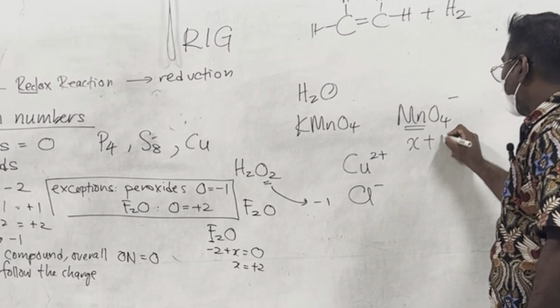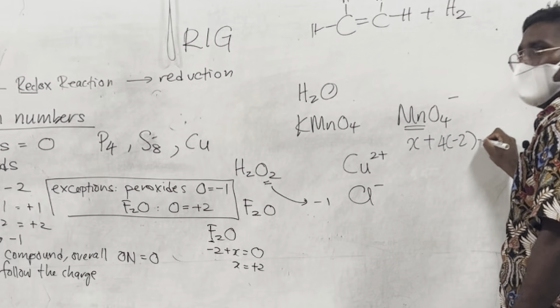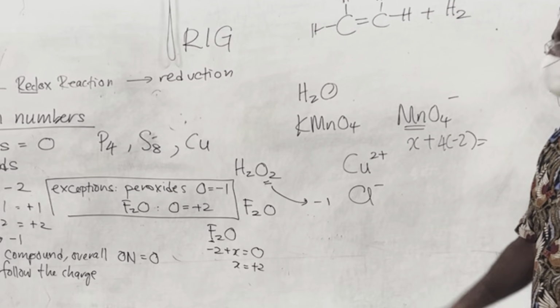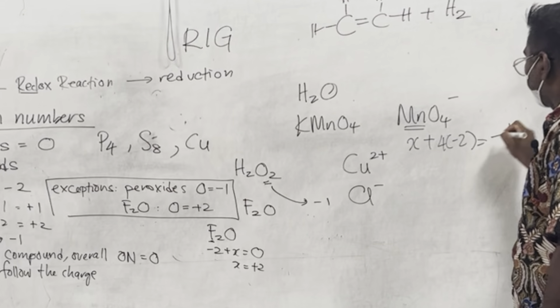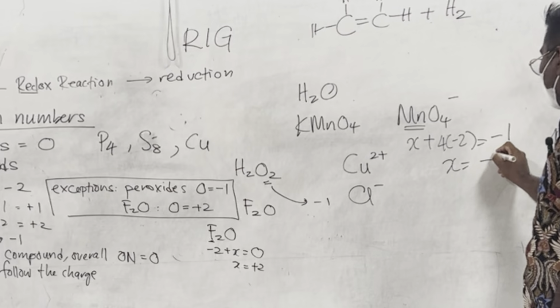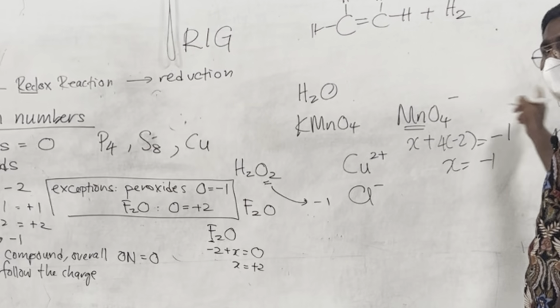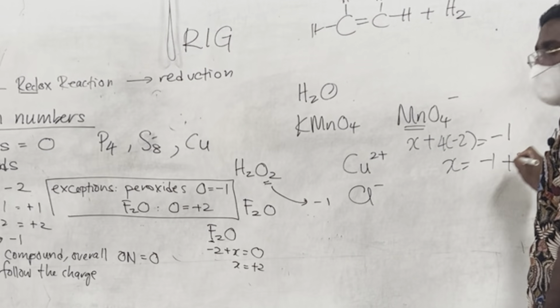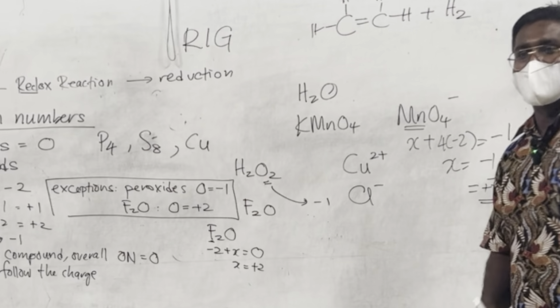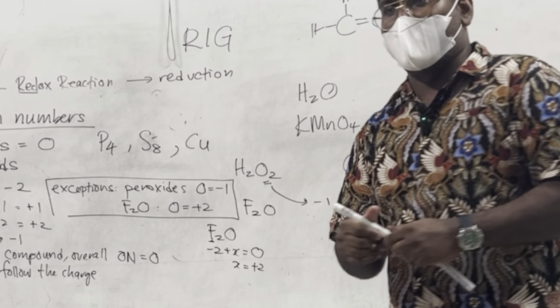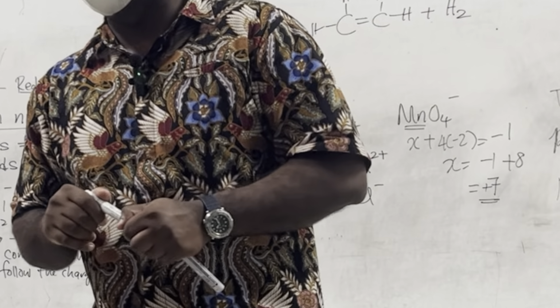So 4 times negative 2 is minus 8. The overall charge is minus 1, so X minus 8 equals minus 1. Bring the 8 over, plus 8, so X is plus 7. The oxidation number of Mn is plus 7 in this particular ion.